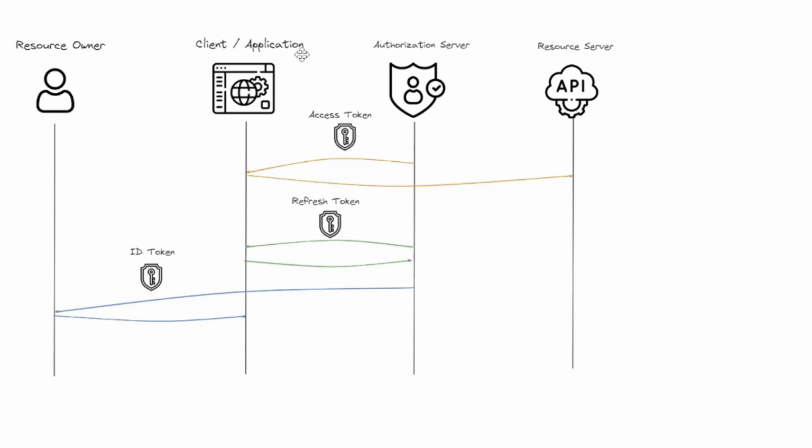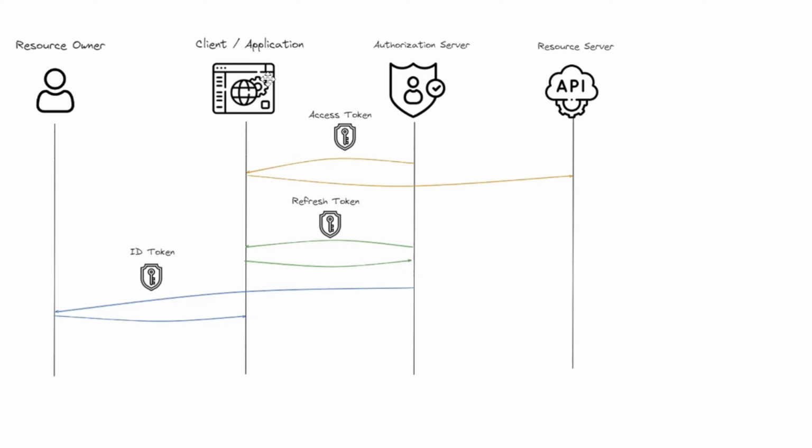There's the resource owner, and that's usually the human or the person that's accessing some resource from an API, whether that be photos or chat messages. The client is the actual application that is going to be accessing that resource on behalf of the user. That could be a desktop application or a cloud application, and that makes a big difference when it comes to conditional access, as we'll see in a minute.